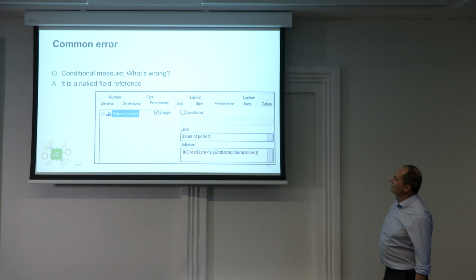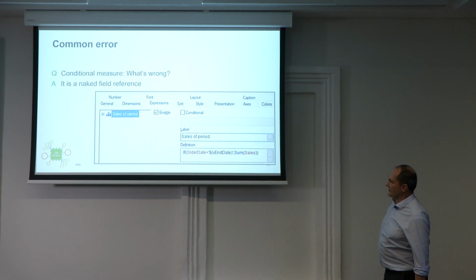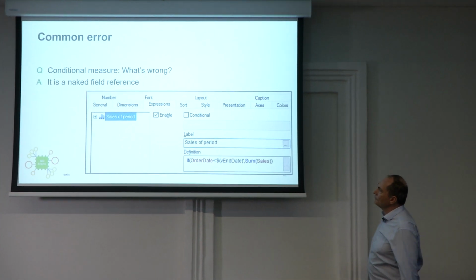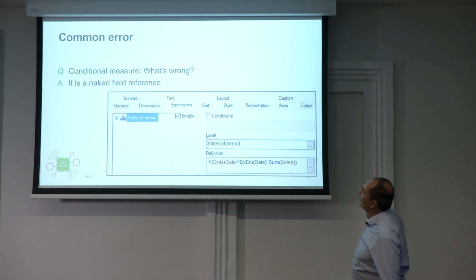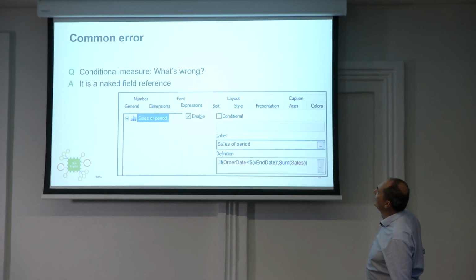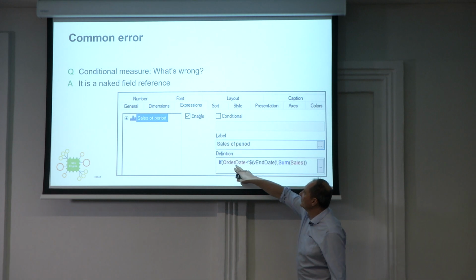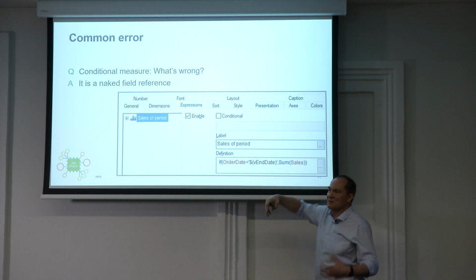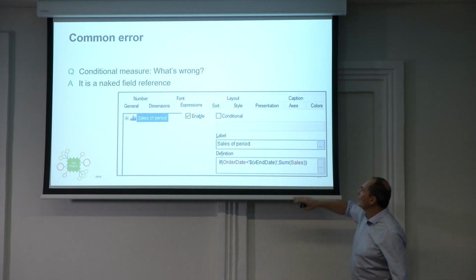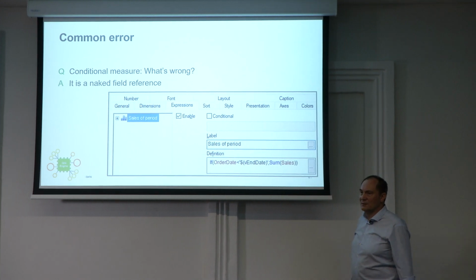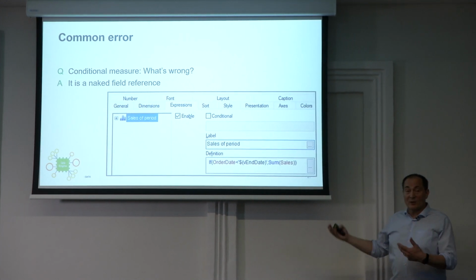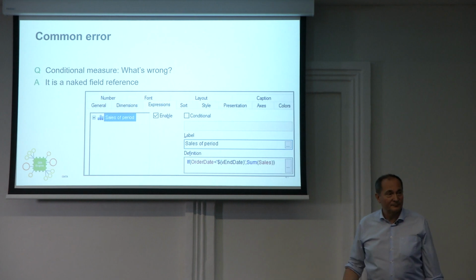And now, a common error is this. Let's say that you want a conditional calculation. Here I've written if order date is less than some kind of breakpoint, then calculate sum of sales. Will this work? Yes.